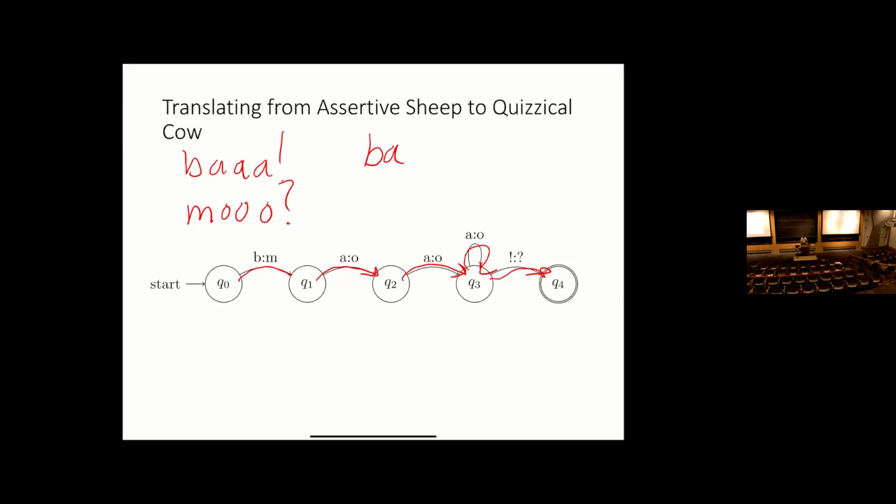So you could have another transition here with the label B goes to N. And then A goes to I. Given such a transducer, I'll call this Q5, what would the output then be for the AAA exclamation point?